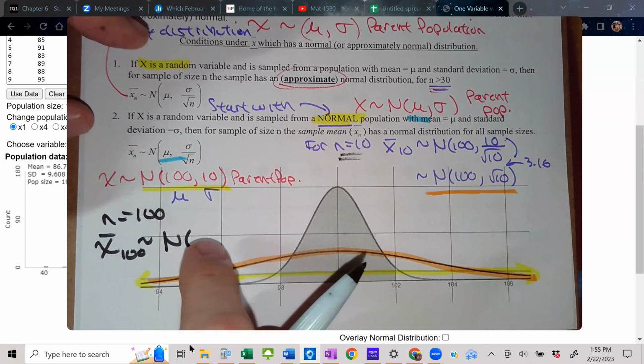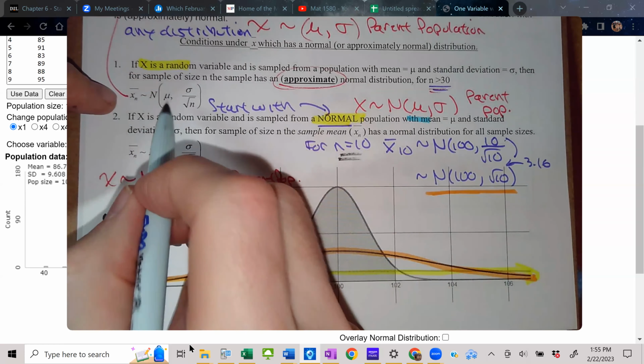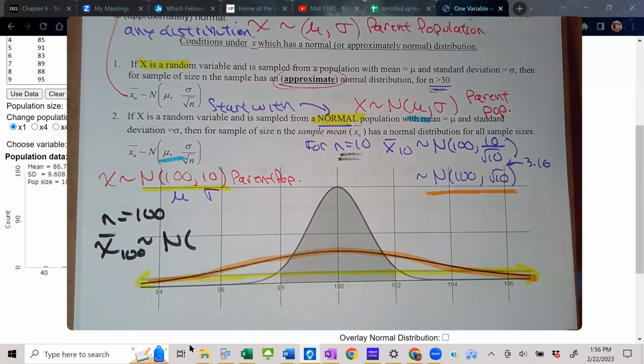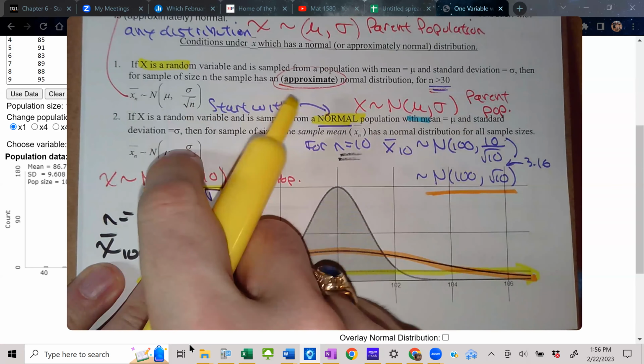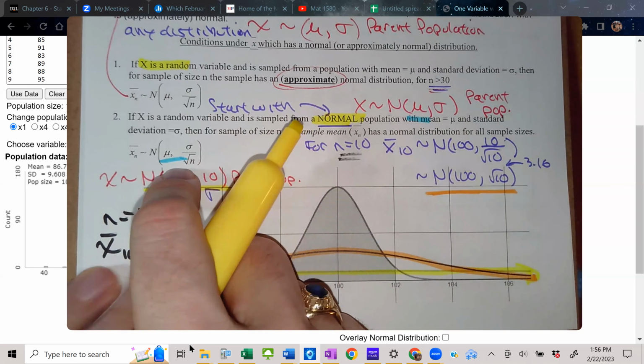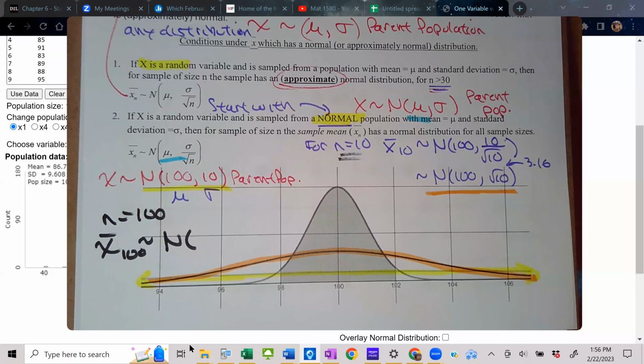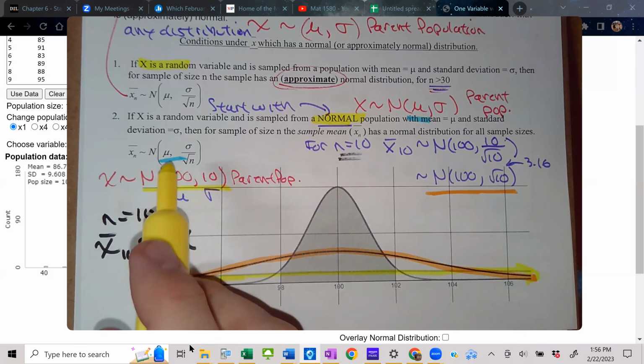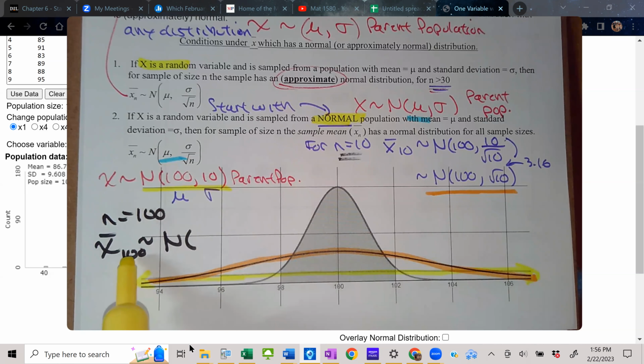There's two things that I want. Both of them come from this part right here. Try and figure out what's the mean of this distribution and what's its standard deviation.